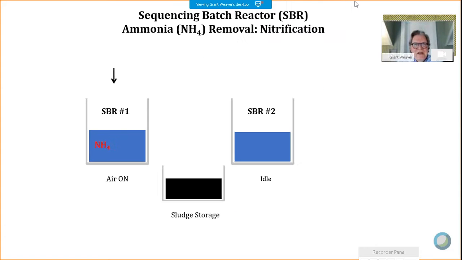So with a sequencing batch reactor, typically you have more than one reactor, and one or more reactors is idle, while one or more reactors is receiving wastewater. The reactors fill and draw, and as they fill with raw wastewater, then it's aerated, and as it's aerated, we're getting ammonia converted to nitrate, and then the air is turned off, and wastewater continues to come in.